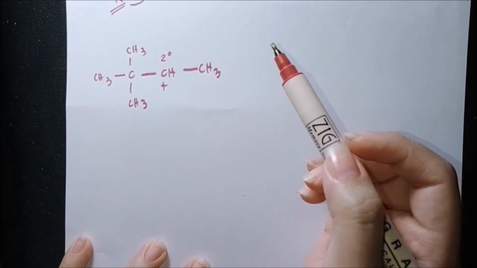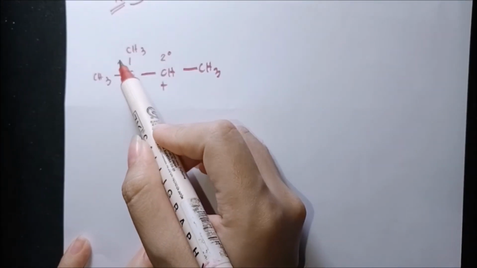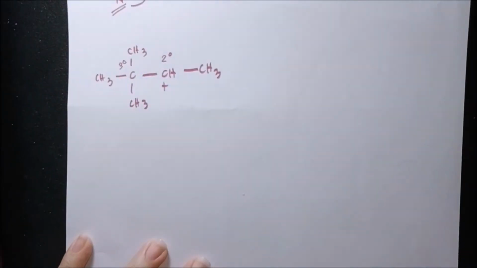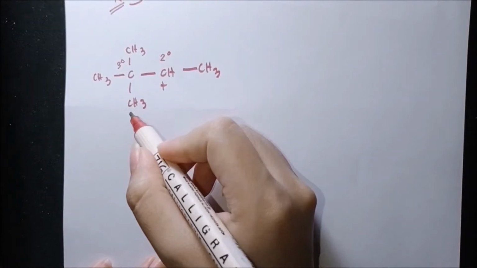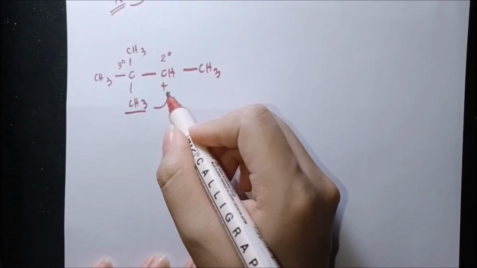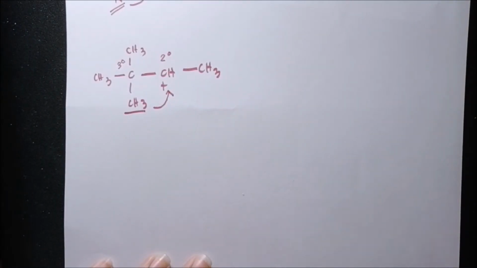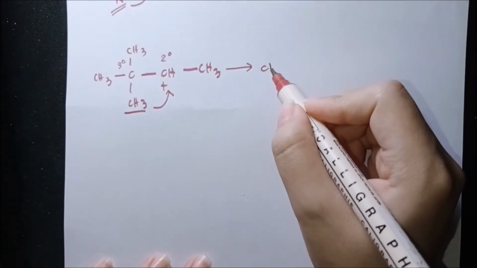A more stable carbocation than a secondary one is a tertiary carbocation. Observing this compound, we can see that if we shift this alkyl group to the secondary carbon, we can have a more stable tertiary carbocation.